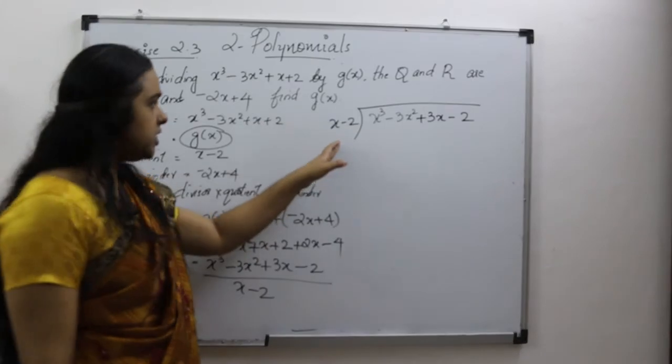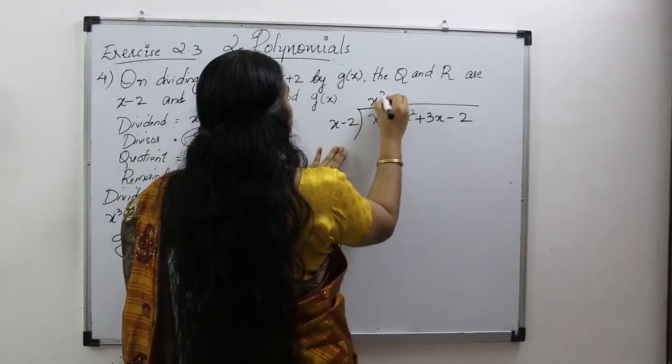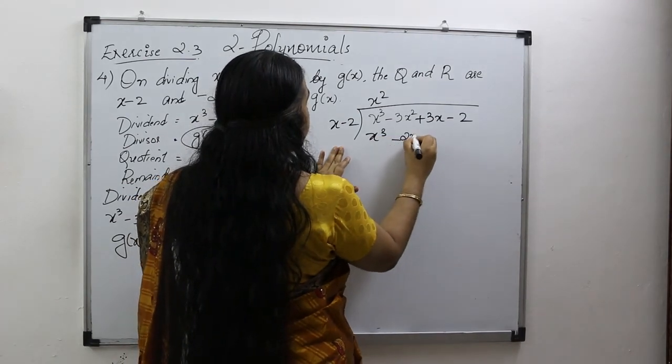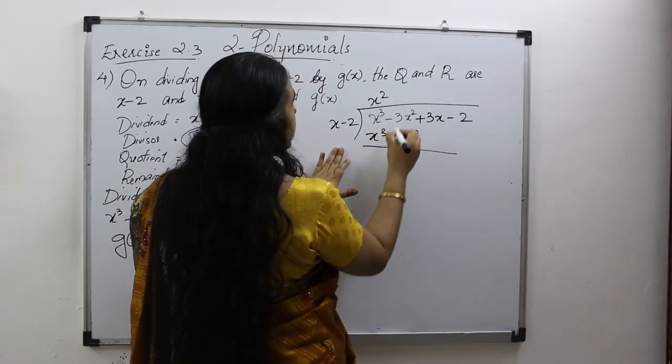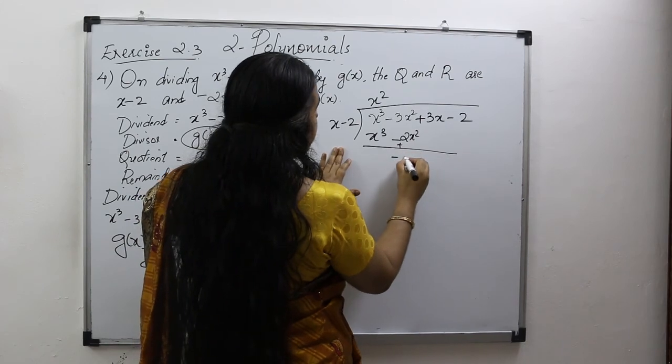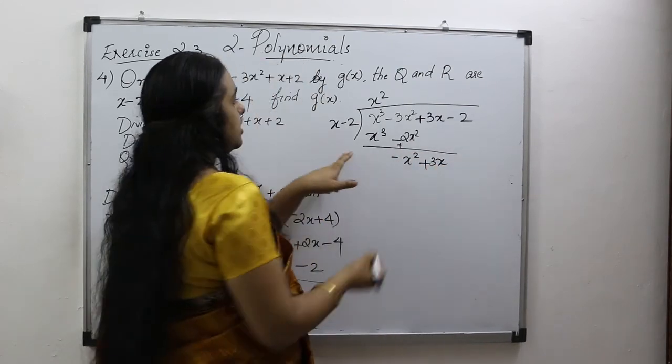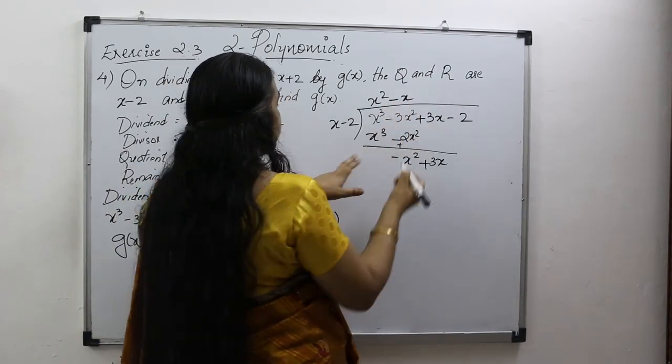Okay, let's do the division. This will be x square into x, x cube minus 2x square. Subtract. Minus x square plus 3x, minus x.